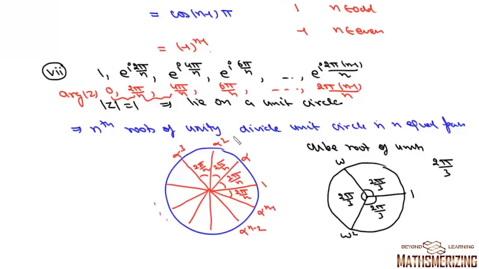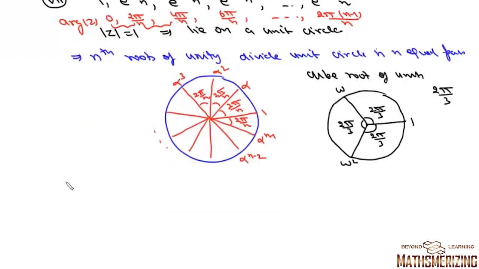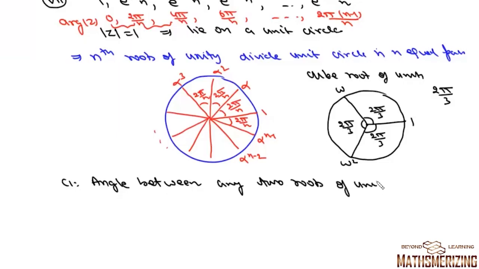So nth roots of unity, they divide unit circle in n equal parts, and it brings us to our corollary, which is: angle between any two roots of unity, it must be an integral multiple of 2 pi by n.